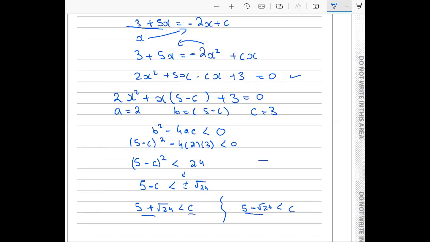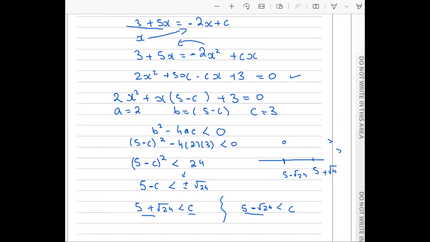If we talk about it on a number line, let's say this is 5 minus under root 24, and this is 5 plus under root 24. This range is telling us that c is greater than this, and the other one is telling us that it is this. So this is not right. We need to do something about this.